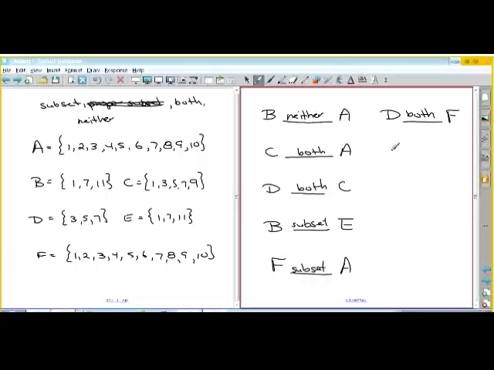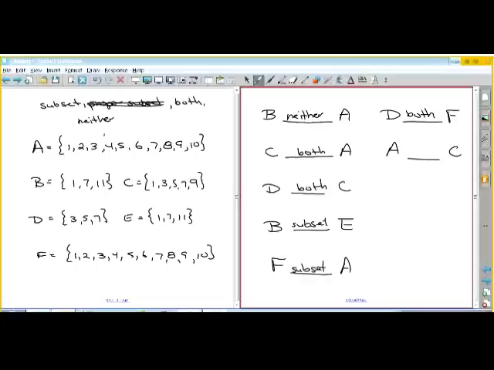How about A relative to set C? We know from earlier that C is both a subset and a proper subset of A. But the other way around, is A a subset of C? Well, no, because not every element in A is an element in C. Some are, but you've got all these other extra ones.